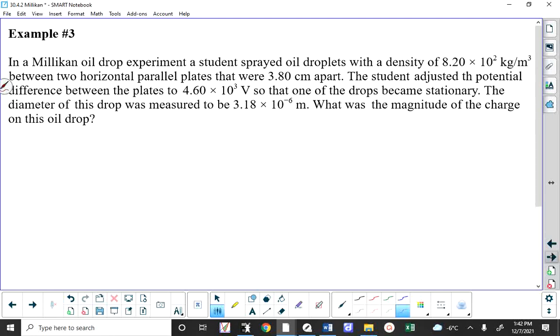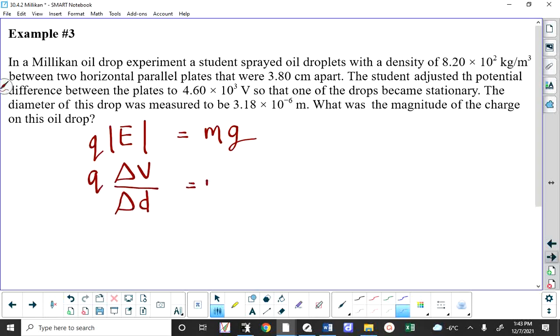The drop is suspended, so you're going to have the electric force, QE, equals the gravitational force, mg, and you can calculate the electric field strength by going voltage over distance between the plates. And you can use that to find the charge. Okay? The difference is in this question, you don't know the mass. Right? You don't know the mass.